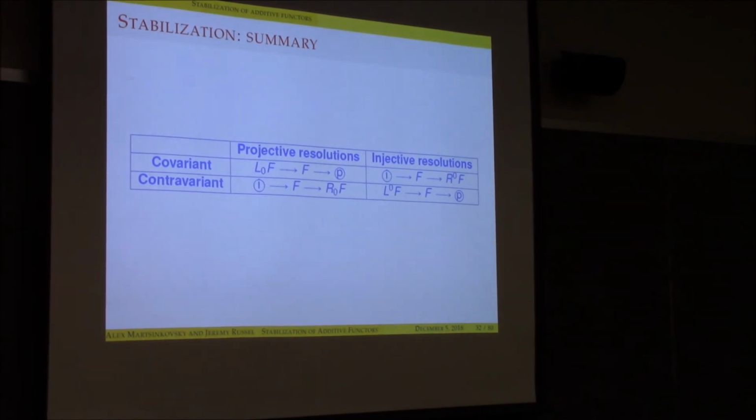So to take a projective stabilization, you take the cokernel of the counit, and to take the injective stabilization of the functor, you take the kernel of the unit. Can't be simpler and more natural. Okay, so the letters, well, I just put those letters in there, so now you can see it.